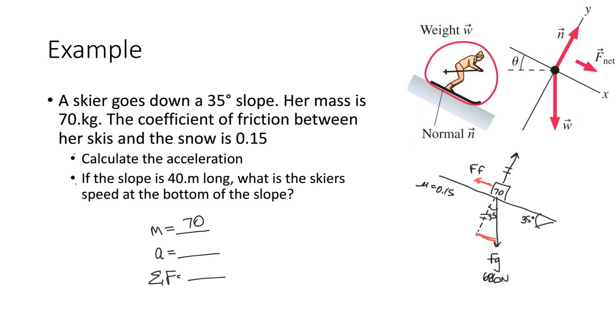All right, so I have this downwards force, 393, this sideways force, 561.9. That means our force normal upwards is going to be 561.9 as well. Let's find our force friction. 84.3.